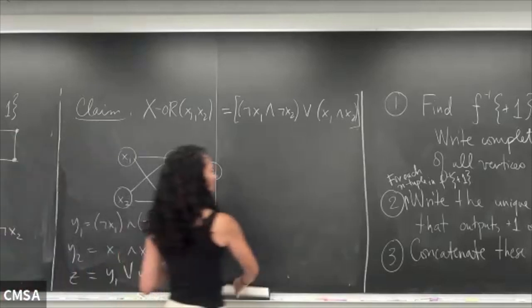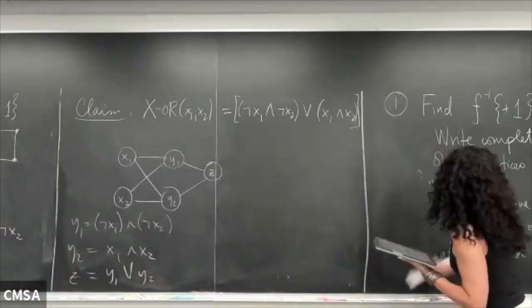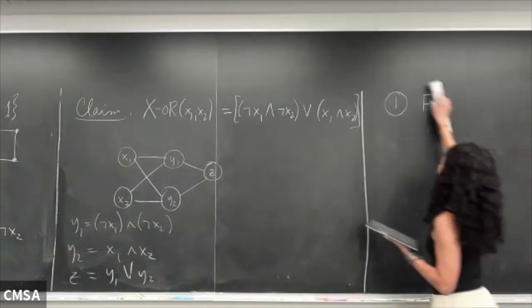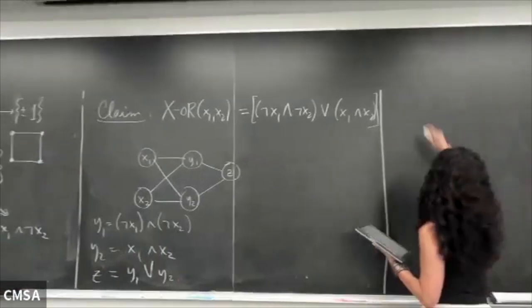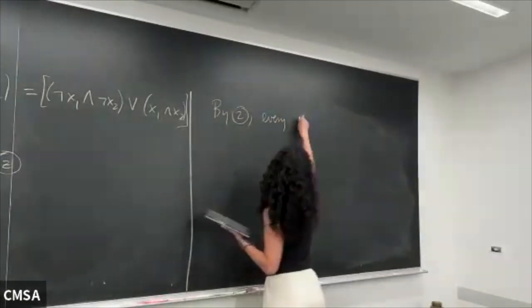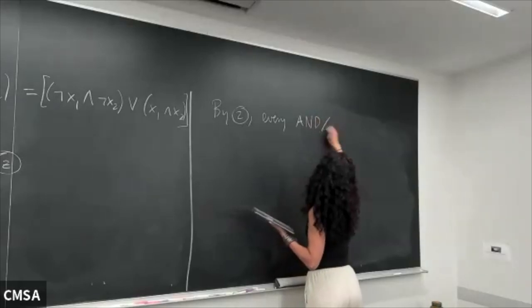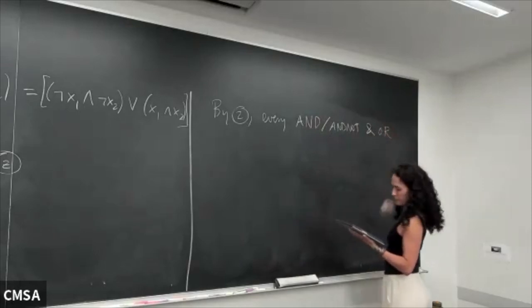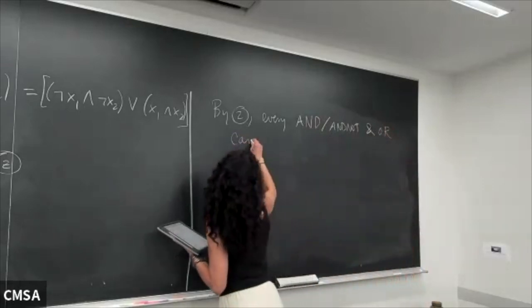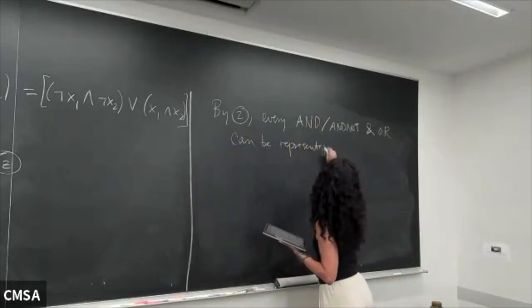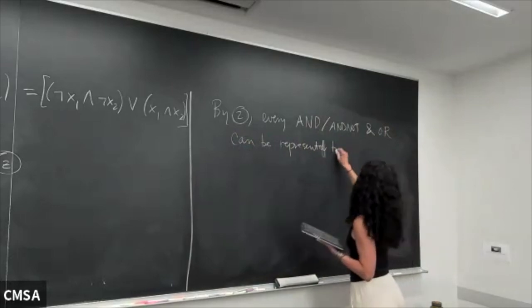And then by what we argued with the linear thresholding pictures, this can be represented by a single hidden layer sign neural network.